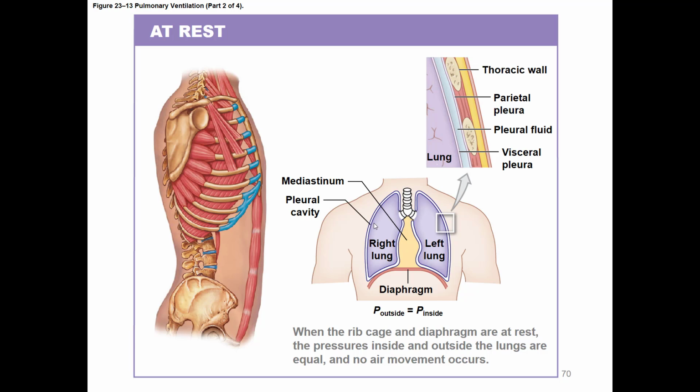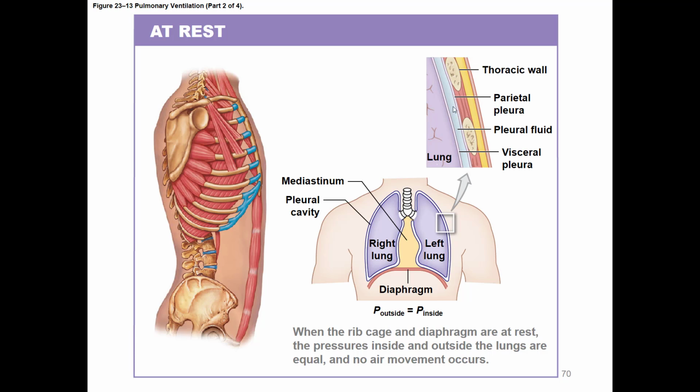To determine which way air will flow into your lungs or out of your lungs, we have to compare the pressure outside to the pressure inside. That's going to help us figure out how air flows. We're going to continue on that in just a second. But what's happening in this picture, we're zooming in right in this area here and blowing that up.